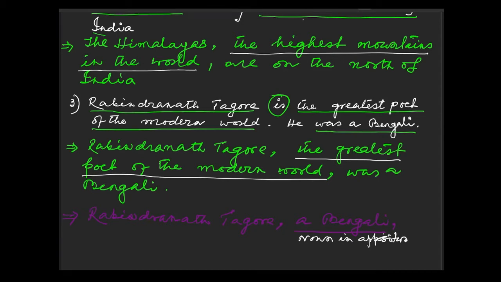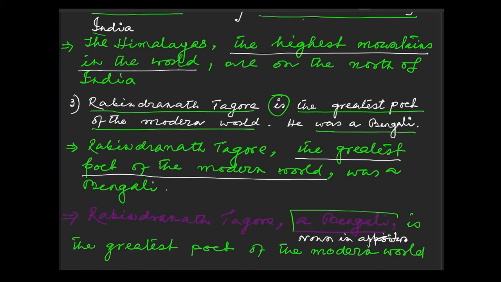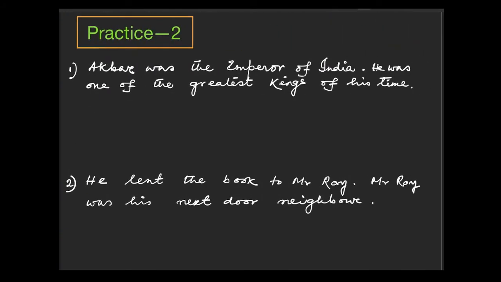Okay, so Rabindranath Tagore, comma, a Bengali, comma, is the greatest poet of the modern world. This one is noun in apposition and this one is the main noun. Okay, so this is your answer. Now go to the next part.